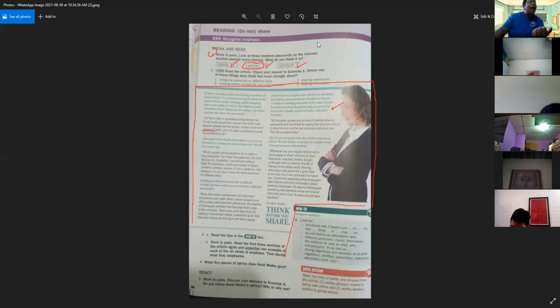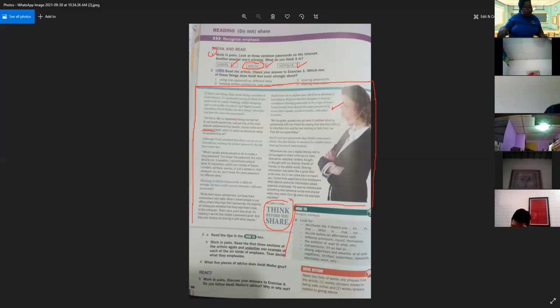So the slogan at the end of the article is, in other words, think before you share. En otras palabras, piensa antes de compartir, ¿ok? So you're going to have a homework for the next week about this activity. What is the homework? Okay, I'm going to tell you. The homework is in the PDF, but I want to tell you what it's about, okay?